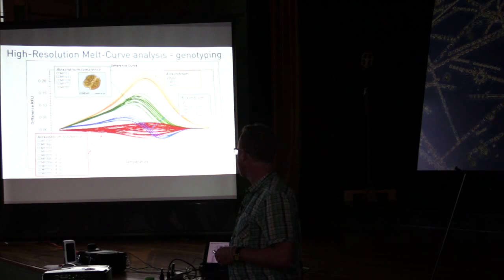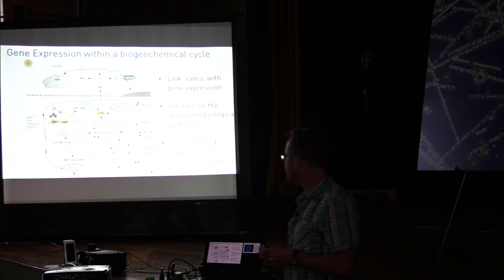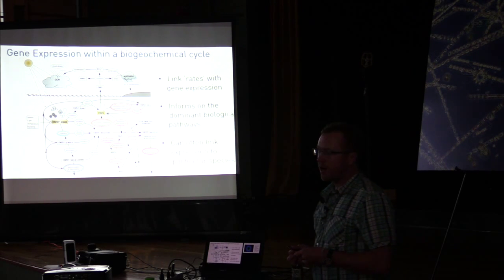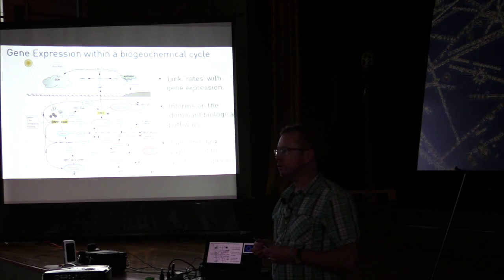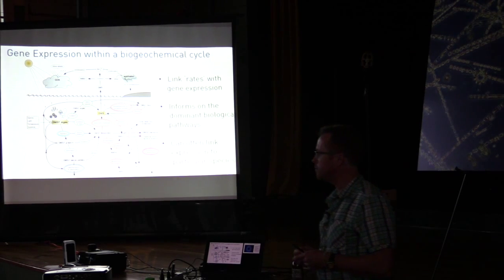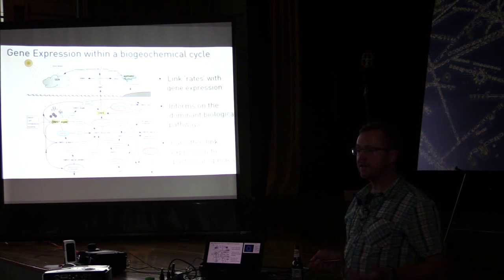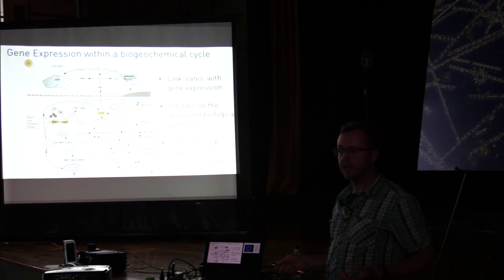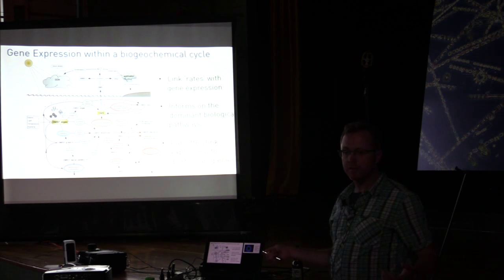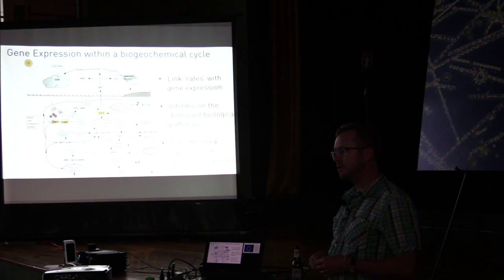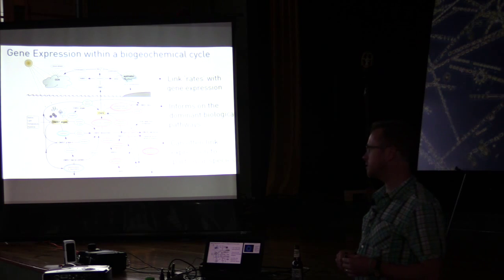But for diagnostics, it's just an example of showing you how you could use it for genotyping and rapid diagnostics. And then most recently, we're trying to use the technology to link it up with studies of biogeochemical cycles in the context of ocean acidification. So we're using the giant ocean mesocosm tanks. We just did a pilot test over the last couple of weeks, and the real experiment starts in September.